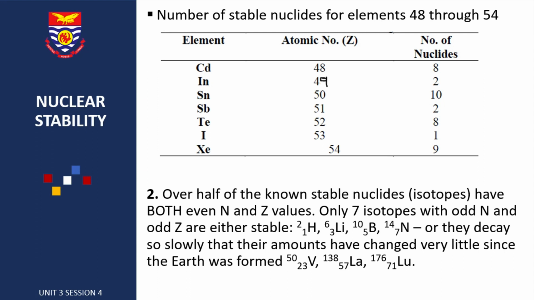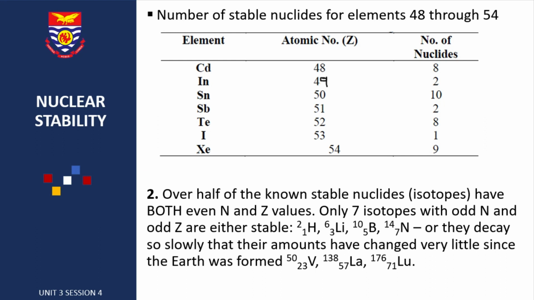Several elements can form different kinds of nuclides, but not all the nuclides that are formed will be stable. We shall look at elements number 48 to 54 on the periodic table, the number of nuclides they form and the number of stable nuclides they can form.